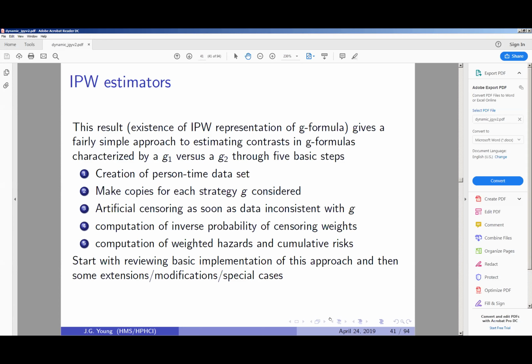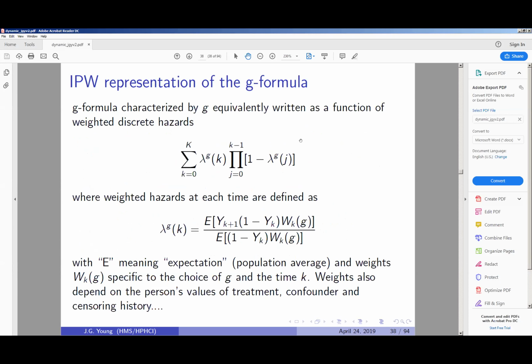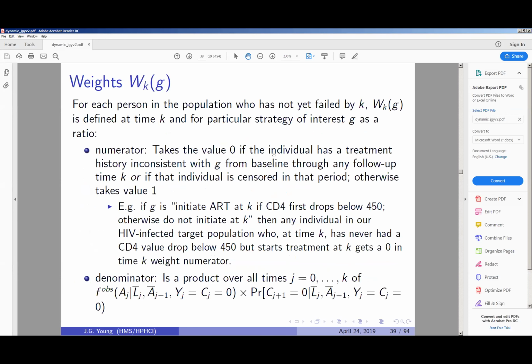The third is artificially censoring each copy as soon as the data is inconsistent with the G indexing that copy. The fourth is computing inverse probability of censoring weights based on that artificial censoring. And finally, the fifth is computing weighted hazards and cumulative risks, and that computation is going to match this inverse probability weighted representation of the G formula.